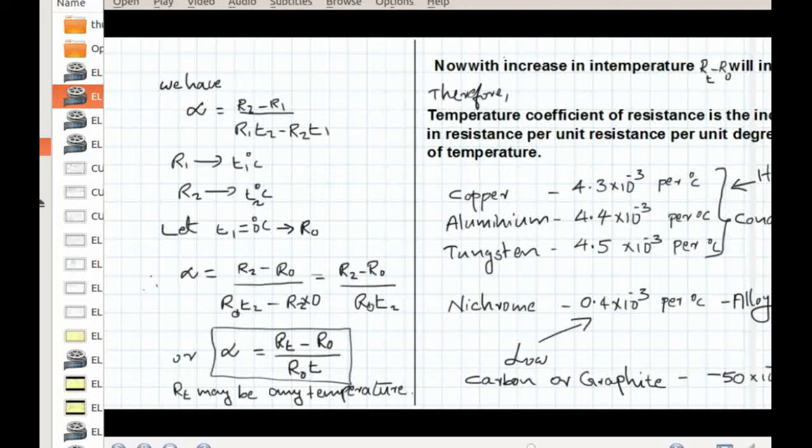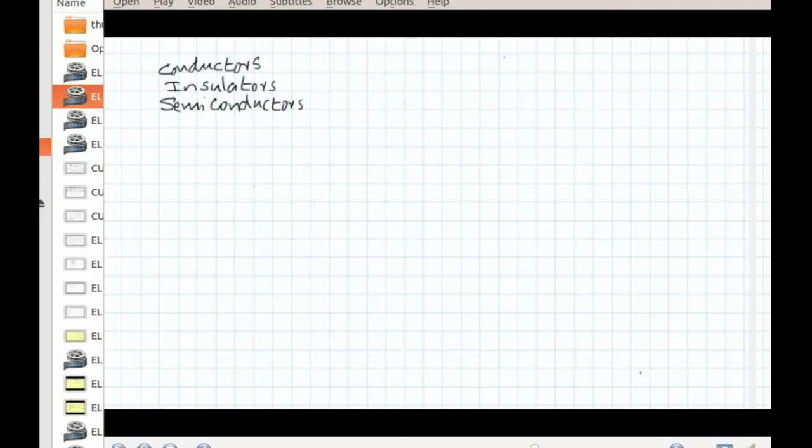And we have seen the implication of what happens when alpha is negative. When alpha is negative, with the increase in temperature, the resistance will decrease, right? So for carbon or graphite, when the temperature increases, the value of resistance will decrease. Anyway, we will see more about graphite and carbon in the last chapters.